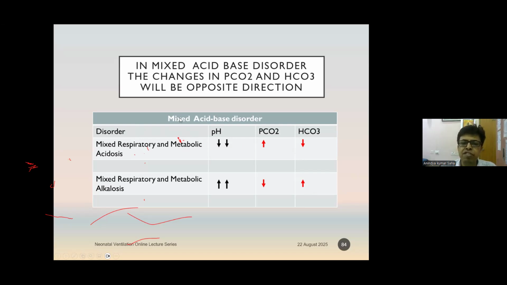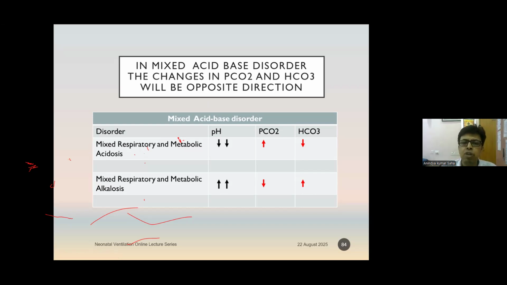In a mixed disorder, the pH will be low in case of acidosis, PCO2 will be higher and bicarbonate will be lower. So in mixed respiratory and metabolic acidosis, both changes will be in the opposite direction.